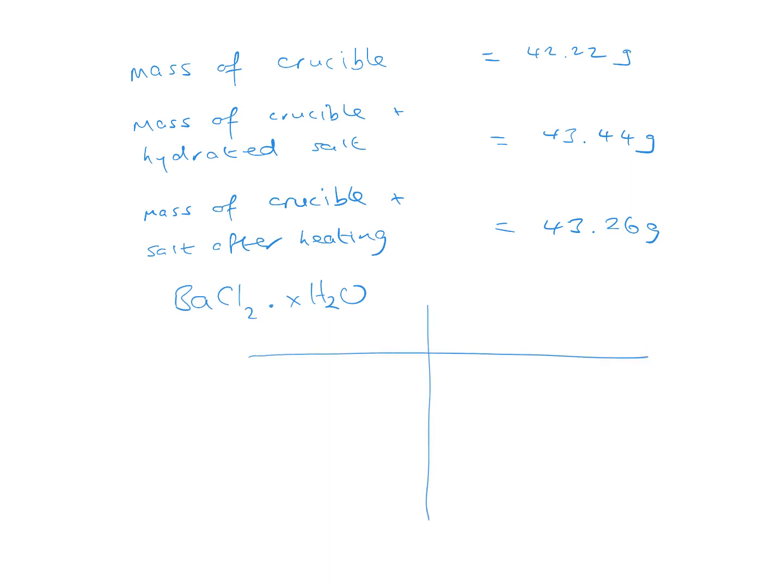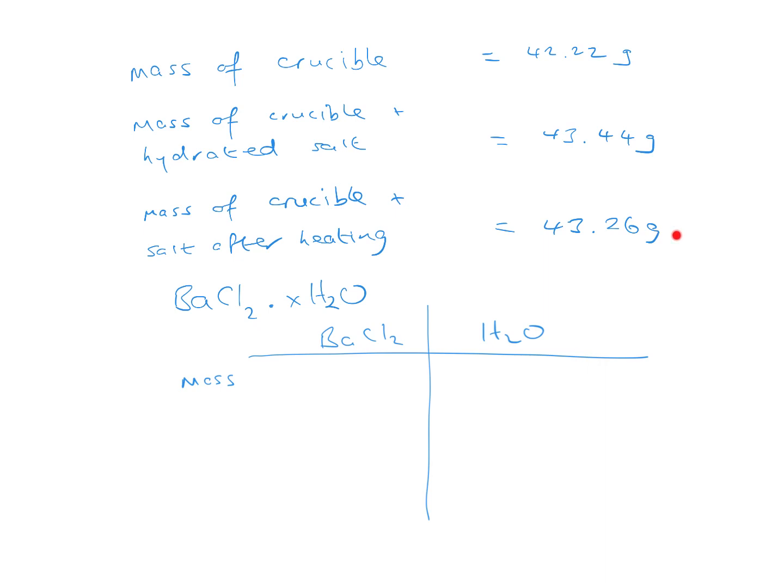Again, I'm going to sketch out the table and I'm going to write down the barium chloride. So this is going to be the anhydrous barium chloride and the water. I'm going to determine the mass of each of those parts of the hydrated salt. So the mass of the anhydrous barium chloride is worked out by looking at this value, which is the crucible plus the salt after it's heated.